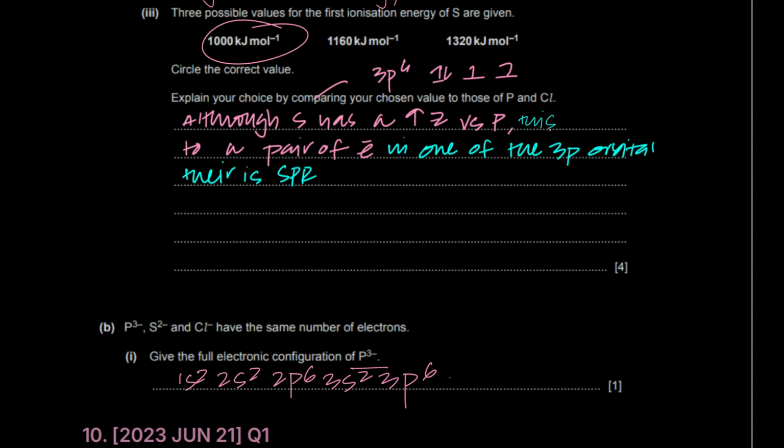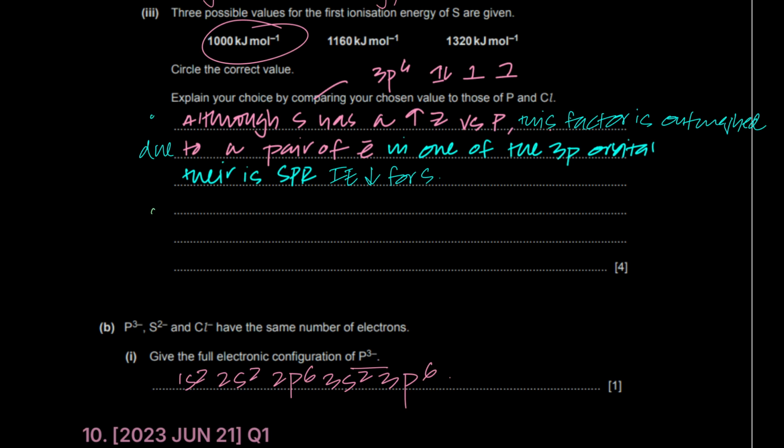This factor is outweighed due to a pair of electrons in one of the 3p, and therefore their spin pair repulsion and ionization energy is lower for sulfur. Firstly.